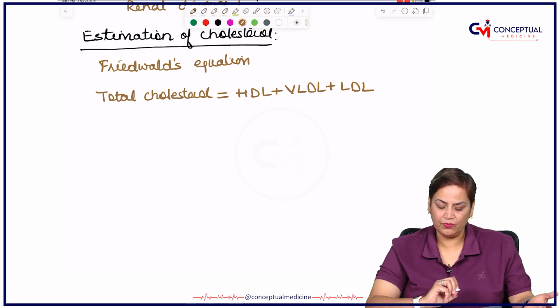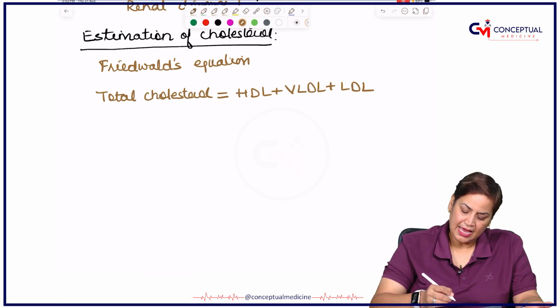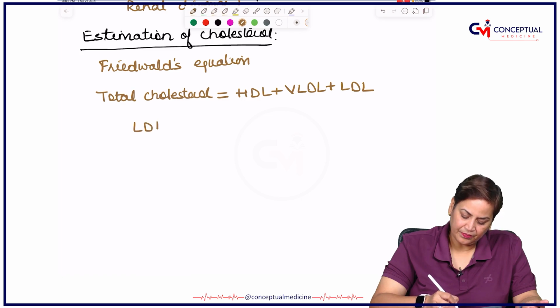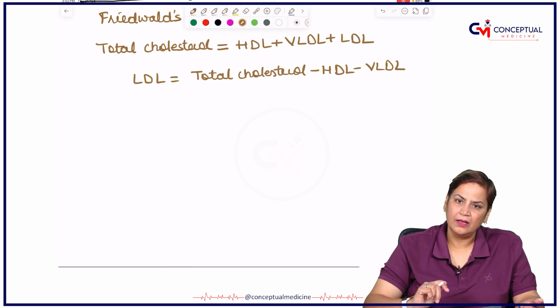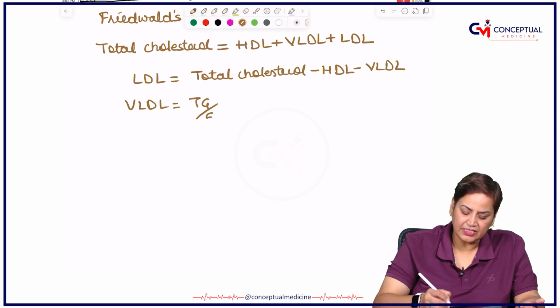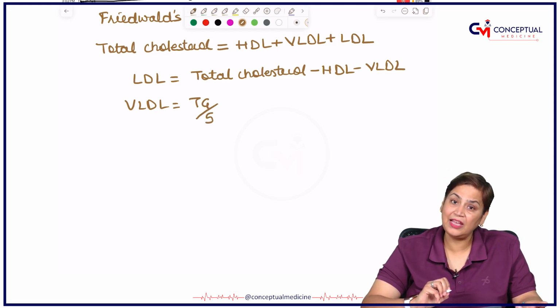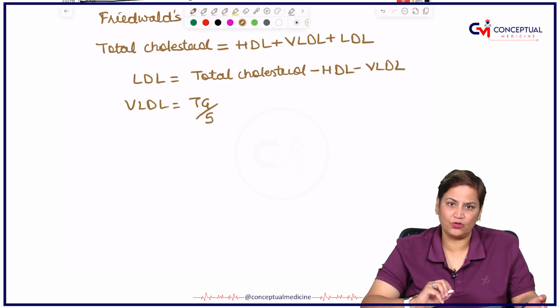Now, HDL is high density lipoprotein, VLDL is very low density lipoprotein, LDL is low density lipoprotein. And if we have to calculate LDL, LDL will be total cholesterol minus HDL minus VLDL. And this VLDL is equal to TGs over 5. What are TGs? TGs are the triglycerides. So this is how we determine the amount of total cholesterol.